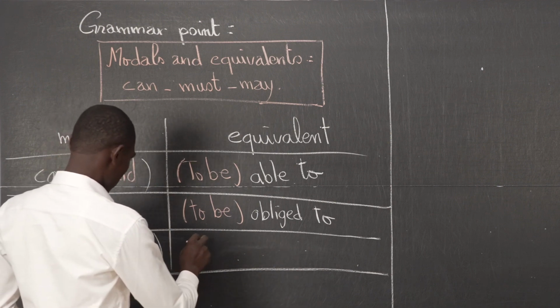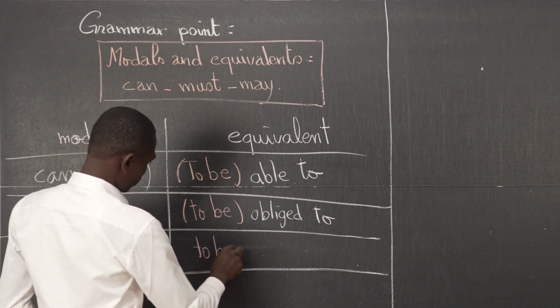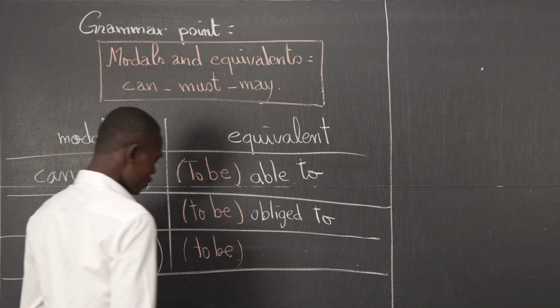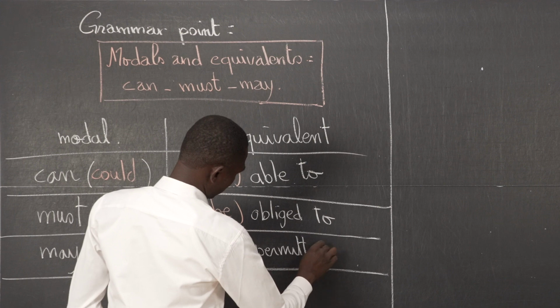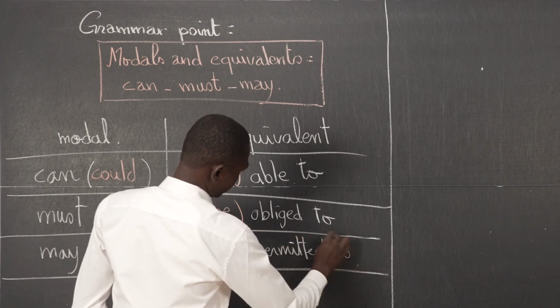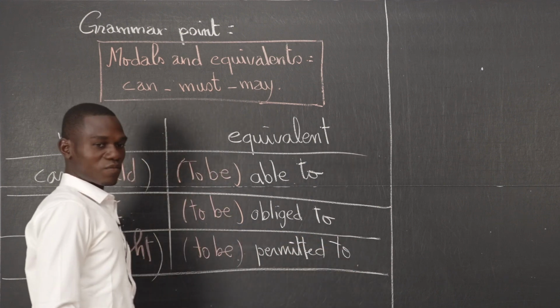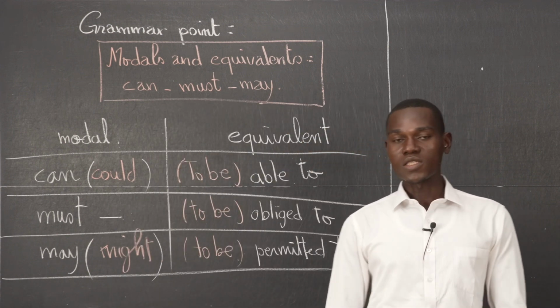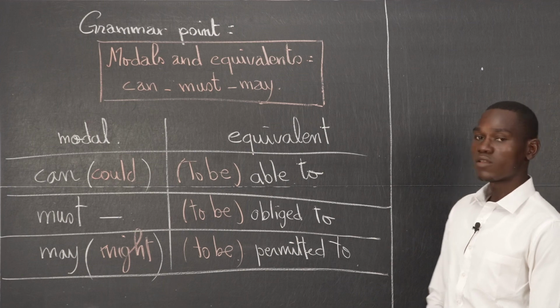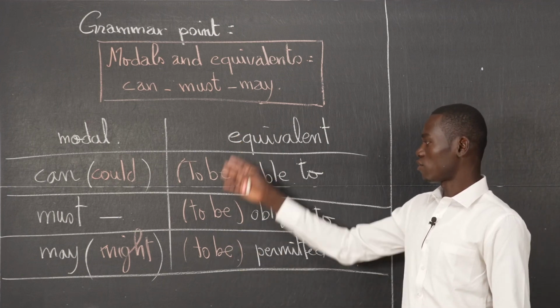And for may, the equivalent is to be permitted to. Good. So in the writing of the equivalent, you can see that between parentheses, you have to be.